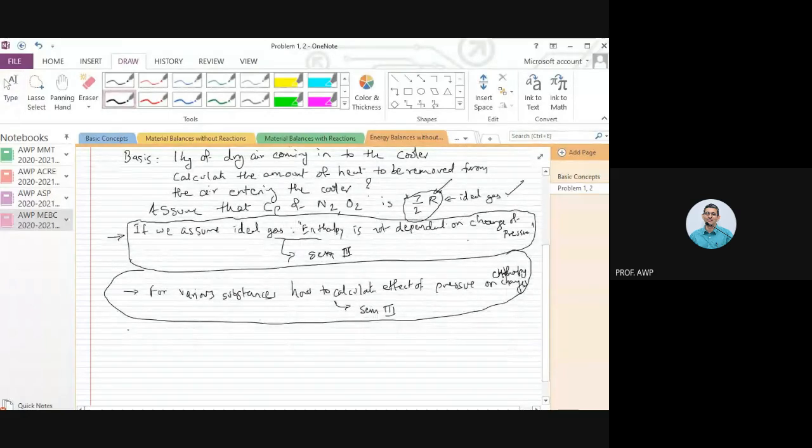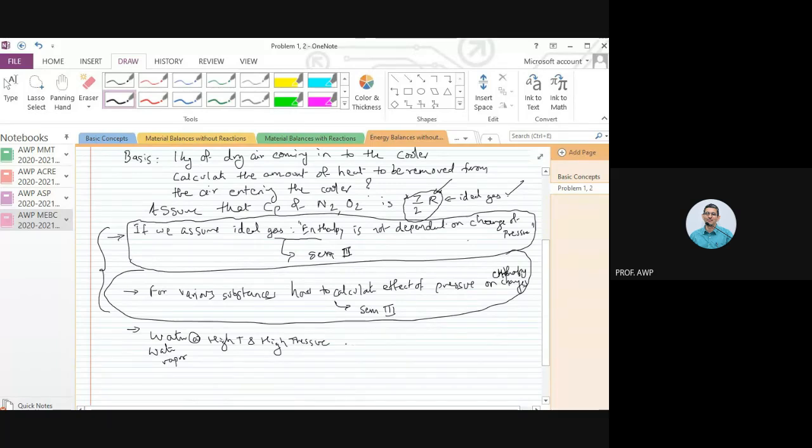The third statement is we are going to work with water at high temperature and high pressure. So what I'm trying to say is you don't have to worry about it till semester 3, but for this semester, we are going to look at water and water vapor at high temperature and pressure.